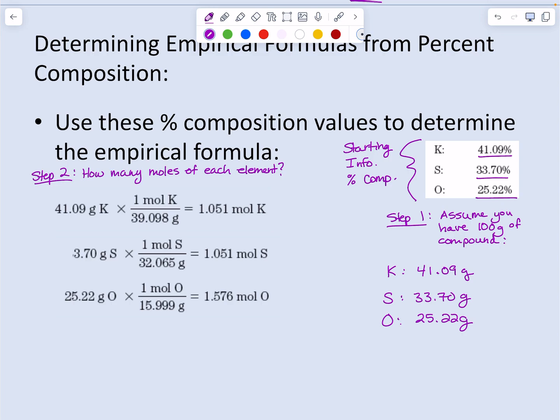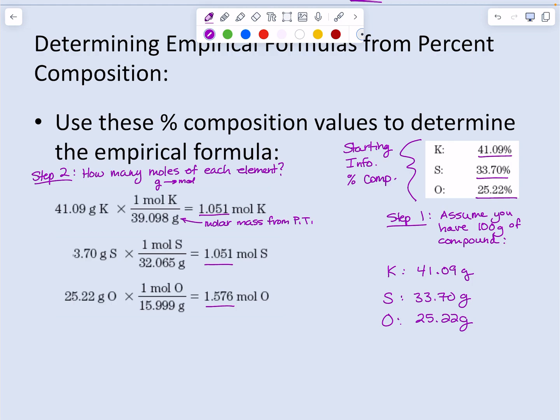This is the molar mass from the periodic table of potassium, and we are doing unit conversions from grams to moles. So I figured out that I have 1.05 moles of potassium, 1.05 moles of sulfur, and 1.576 moles of oxygen.